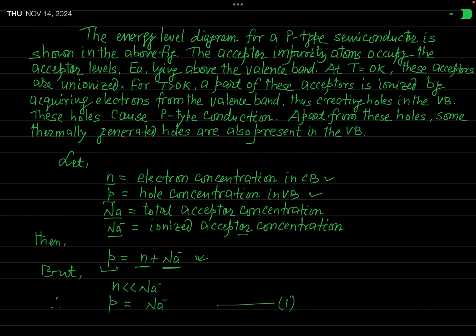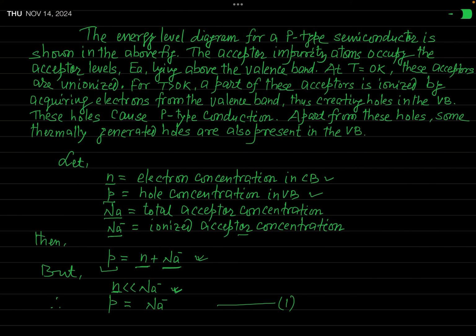And so in this condition, the concentration of electrons in the conduction band and the concentration of acceptor ions in the acceptor level are not equal, but n is much smaller than Na minus.